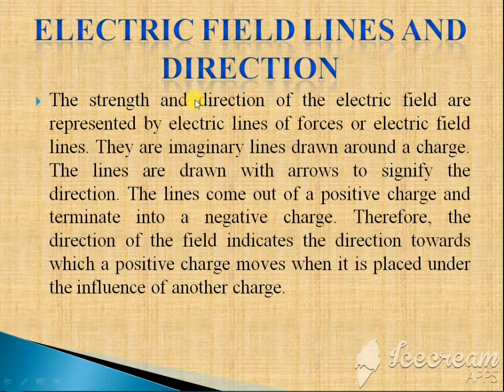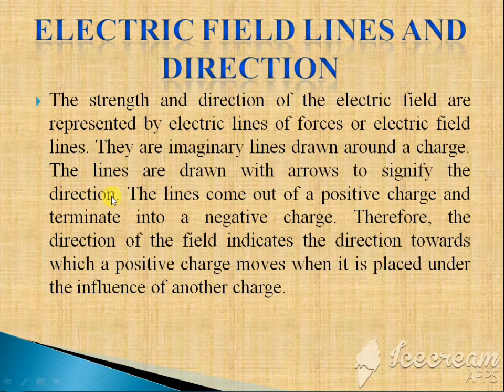The strength and direction of electric field are represented by the electric lines of forces or electric field lines. They are imaginary lines drawn around the charge. The lines are drawn with arrows to signify the direction.